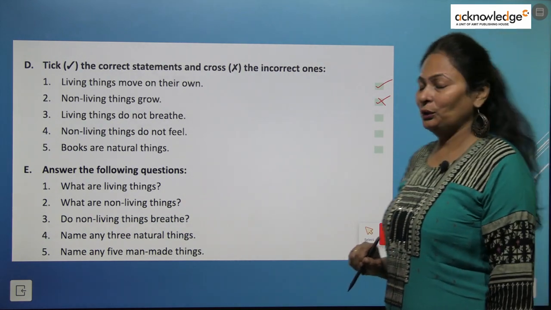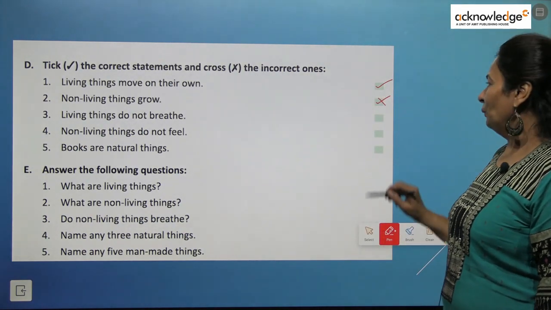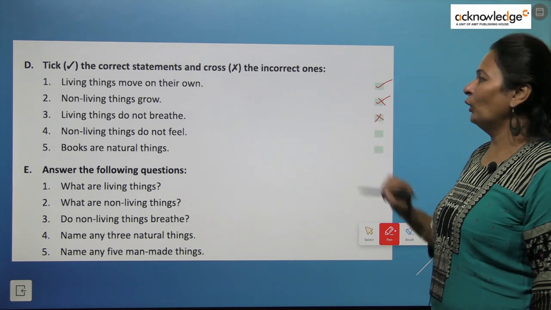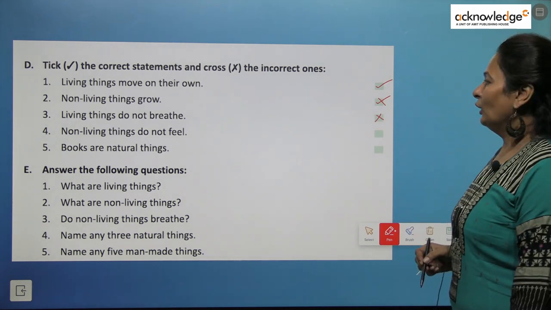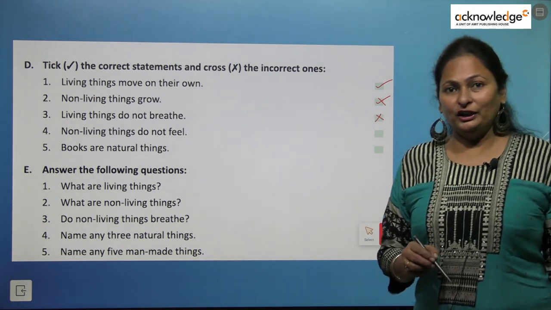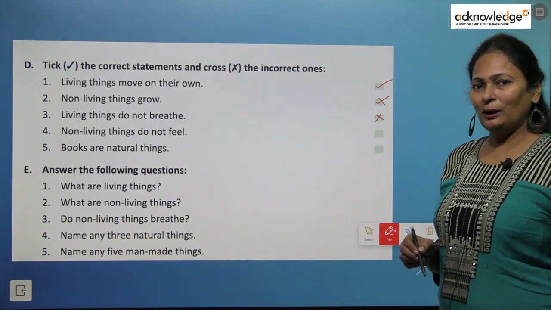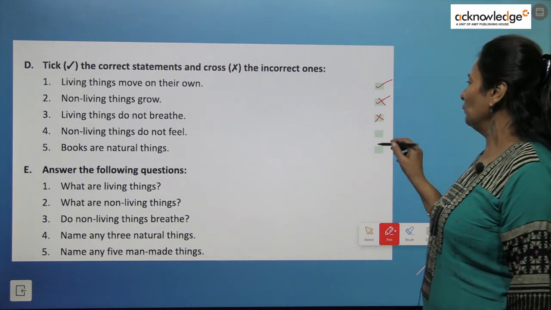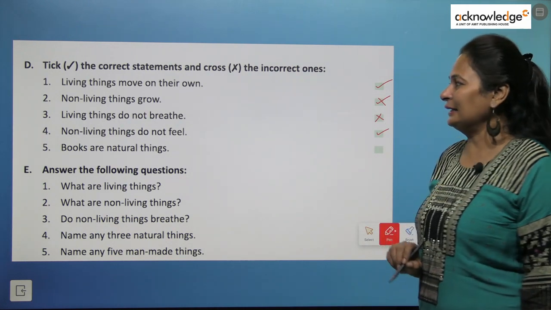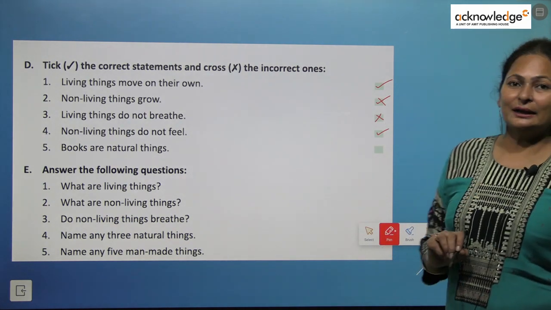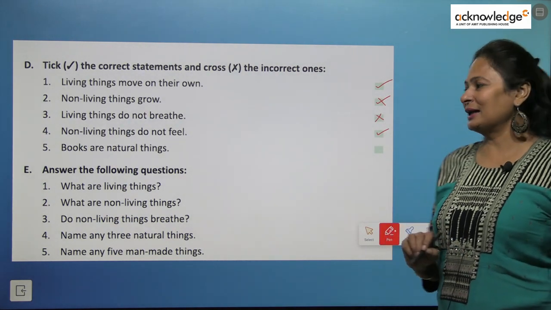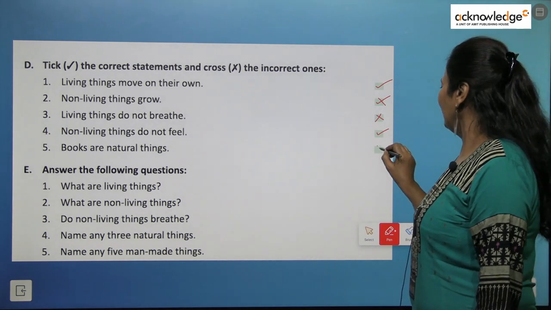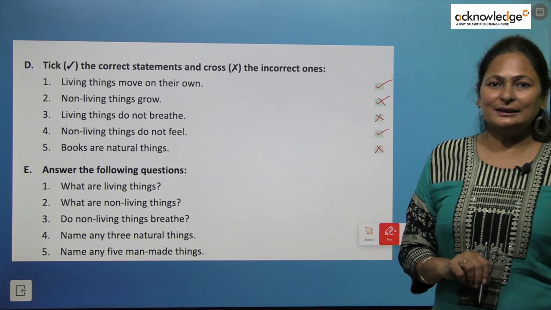Living things do not breathe. No, this is wrong. We all breathe. Non-living things do not feel. They feel or not? Yes, they don't feel. So this statement is correct. Books are natural things. No, books are man-made things. This is an incorrect statement.